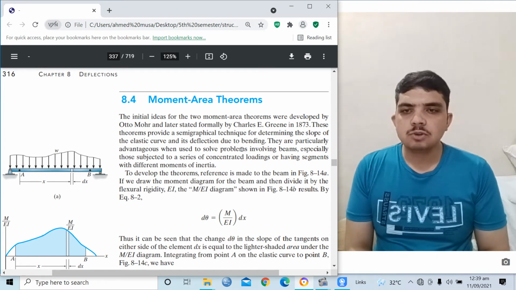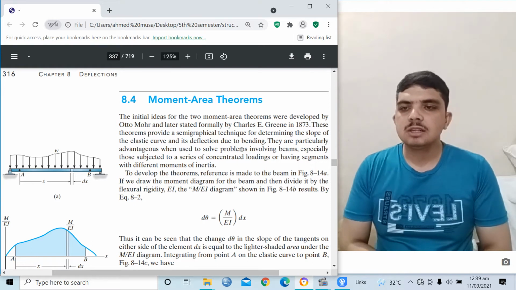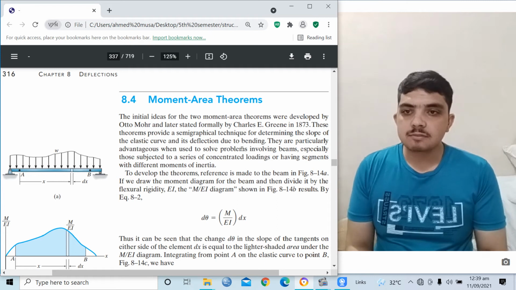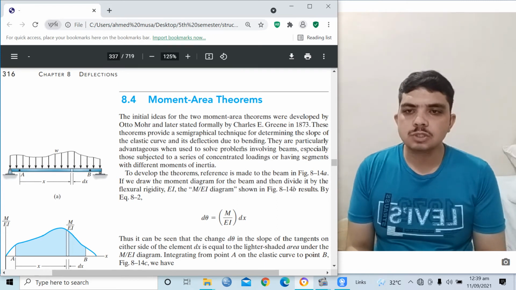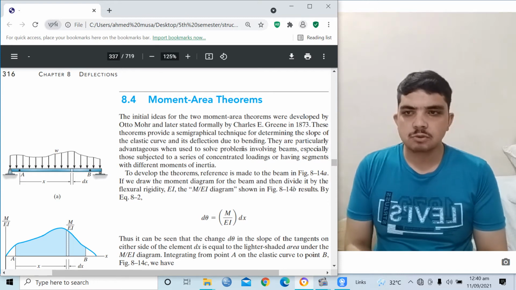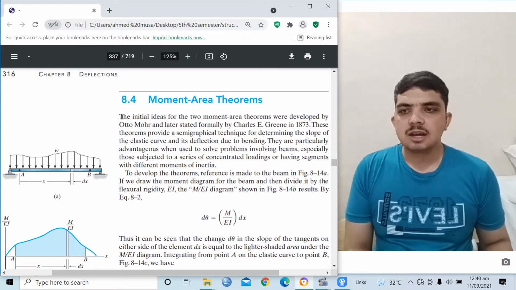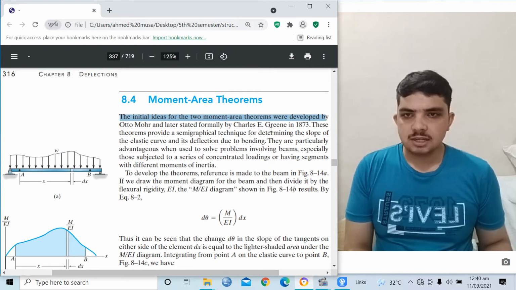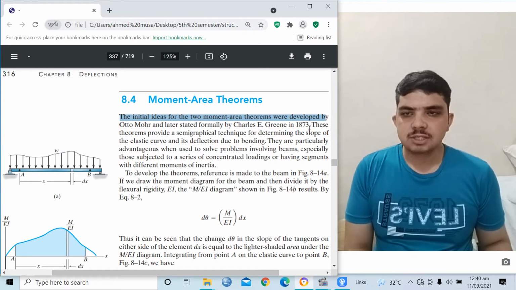So now we are coming toward the theoretical portion of the moment area theorem. Who introduced the moment area theorem and when was it introduced? The initial ideas for the two moment area theorems were developed by Otto Mohr, and they were stated formally by Charles E. Greene in 1873.